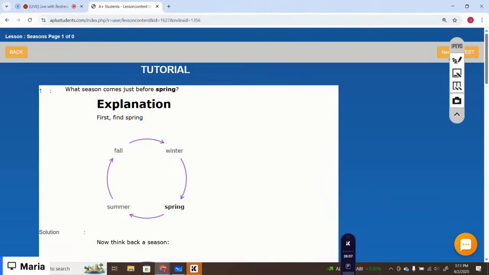That is a cycle: fall, winter, spring, summer. So the ongoing cycle is fall, winter, then spring, and then summer. So after the winter, it is spring.